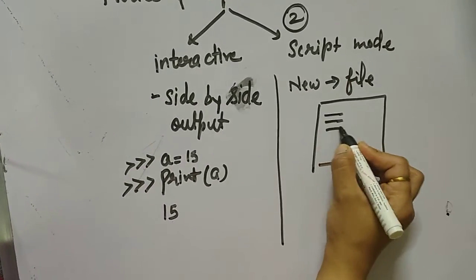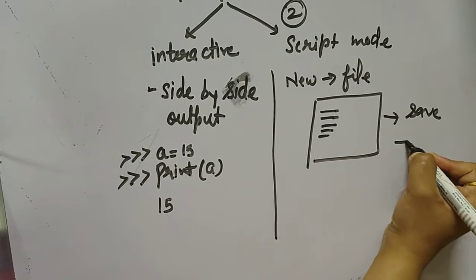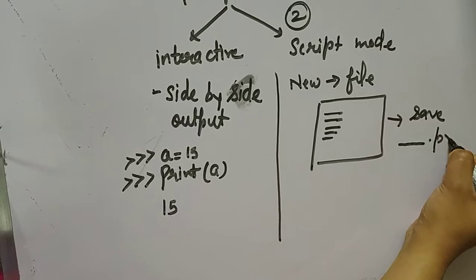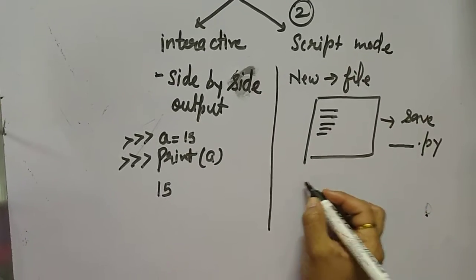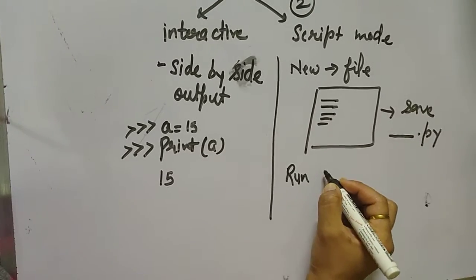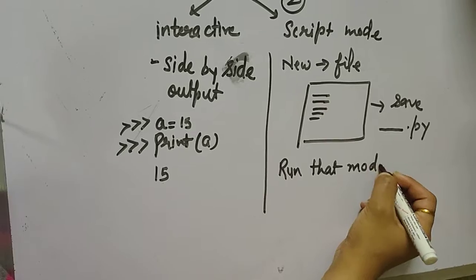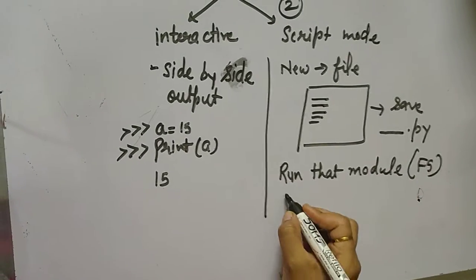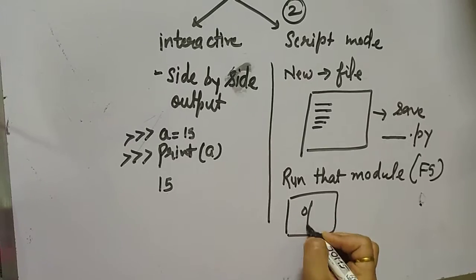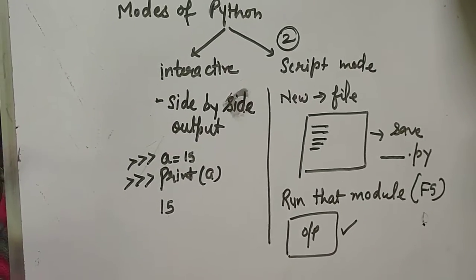I write my code, then save it with a file name and the extension .py, py for Python. Then we run that module, and the shortcut is F5, and you get the output if there is no error.